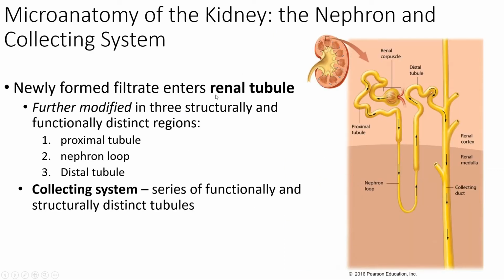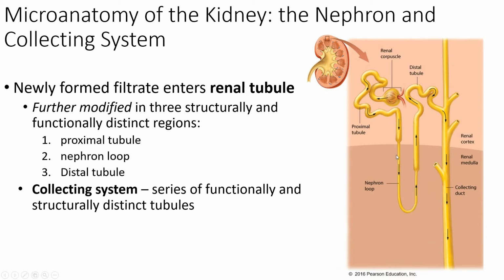So now we're going to talk about the renal tubules, which is everything away from the renal corpuscle. And so they're going to be modified structures, and they're going to have very functional distinctions between these different regions. And so you have the proximal tubule, also known as the proximal convoluted tubule.